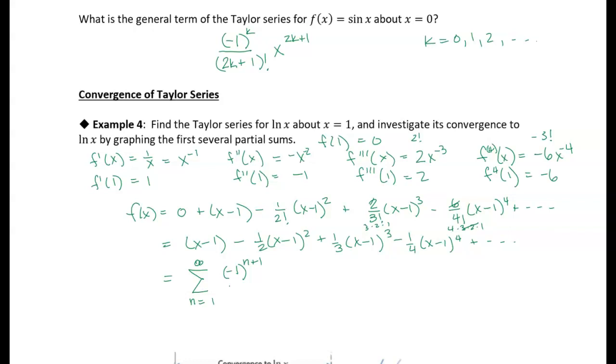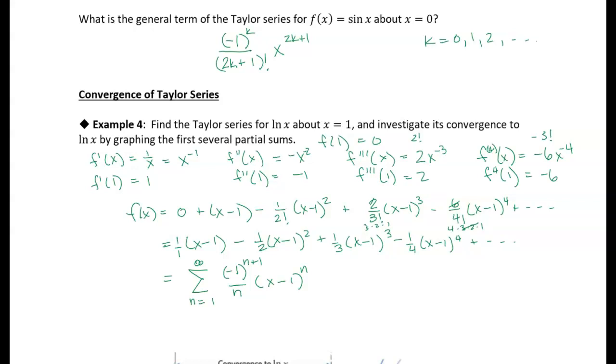And then we could actually write this as 1 over 1, 1 over 2, 1 over 3, 1 over 4. So basically we have n, right? We have -1 to the n plus 1 over n, and then we have powers of x minus 1. Okay, and we're starting with x minus 1 to the first power, and then second, third, fourth, and so on. So it's to the n.